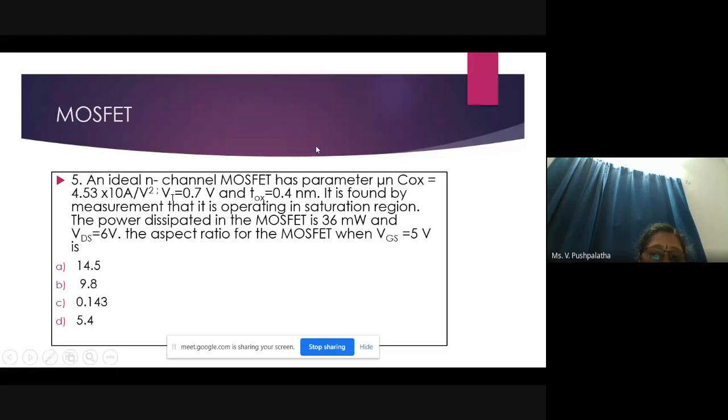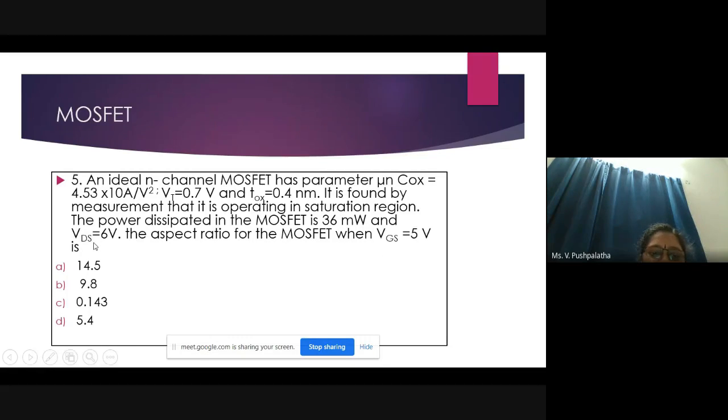So they have clearly given the region in which it is acting. The power dissipated in the MOSFET is 36 millivolt, and VDS is 6 volt. You need to find the aspect ratio for the MOSFET when VGS equal to 5 volt. See, from the condition itself, I can see it is in the saturation region.